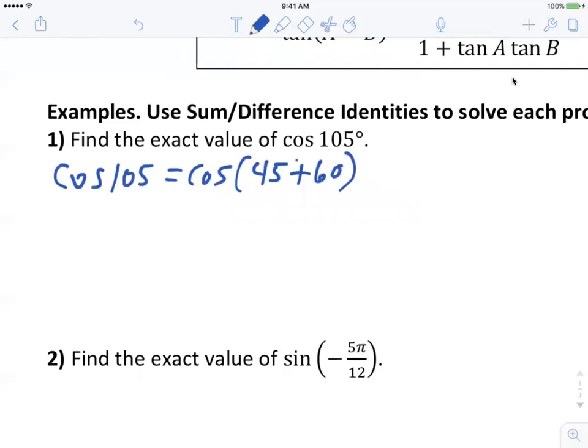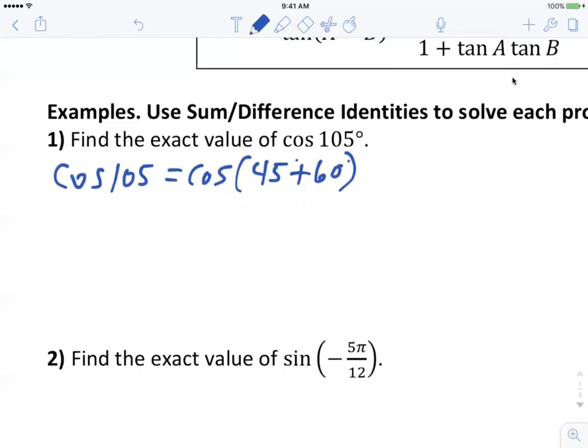And 45 and 60 degrees, I know how to find exact values of those. Notice I didn't use 30 plus 75 because those don't appear on the unit circle either. I want those multiples of 30 and 45 so that I can apply that unit circle.